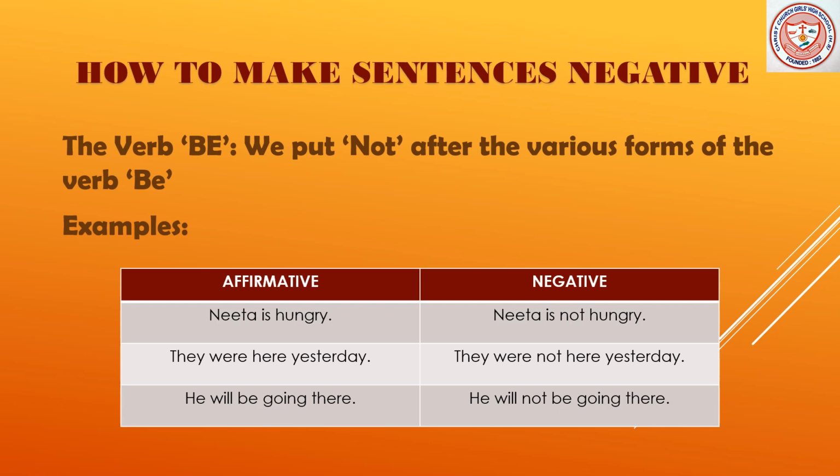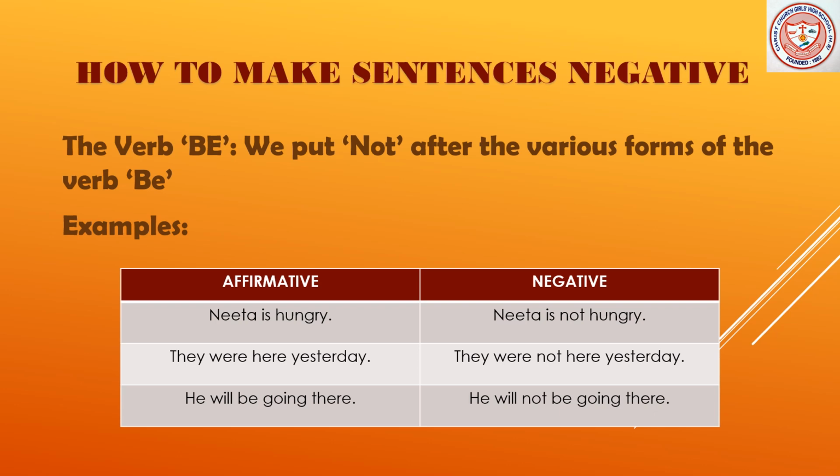Nita is not hungry. You can follow in the box also. In the negative section, the sentence, Nita is not hungry has been written. So, in this particular sentence, we have added not after be verb.